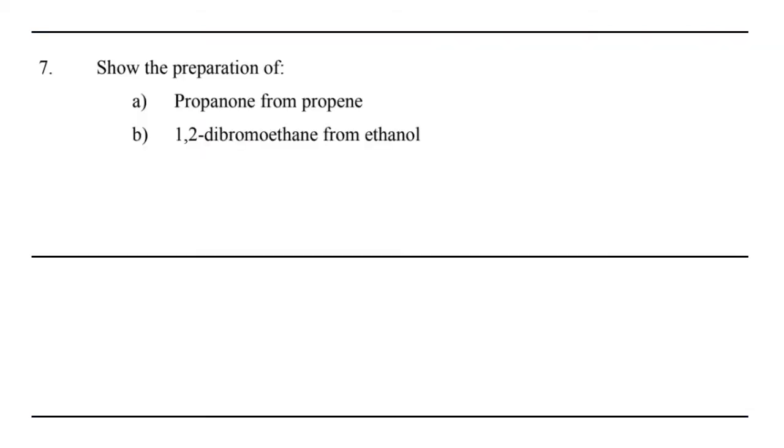So we already finished answering question number 6. Question 7. Show the preparation of propanol from propene. From this statement, we know that propene is the reactant, while the product is propanol. Propene consists of 3 carbons with 1 double bond, so complete with the hydrogen, CH2, CH, CH3.